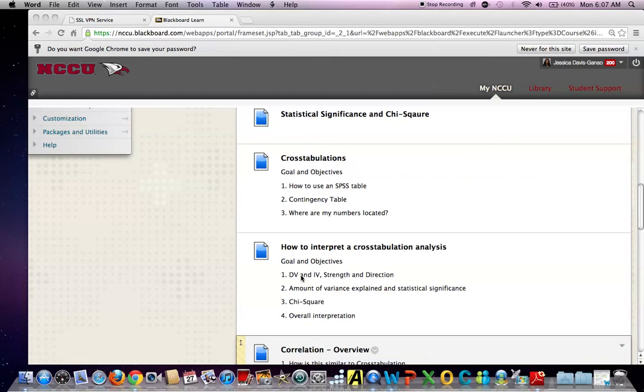That is your DV, the relationship between, identify your dependent variable and your independent variable, their strength and direction. You also want to talk about the amount of variance explained and statistical significance. You finally want to interpret the chi-square, and then finally the overall interpretation of the relationship.